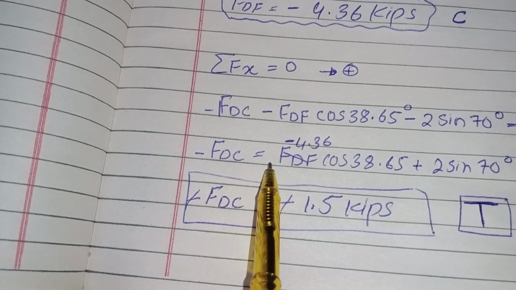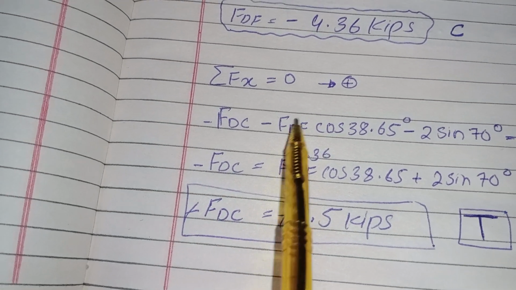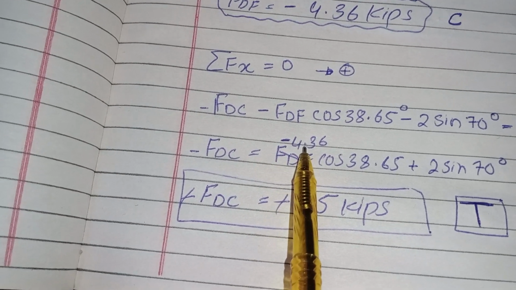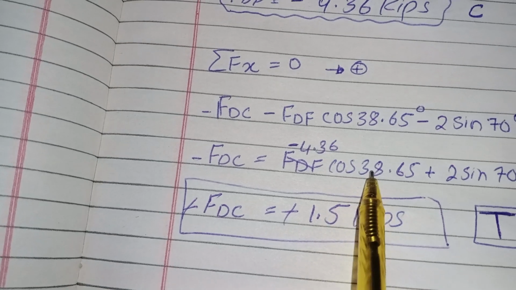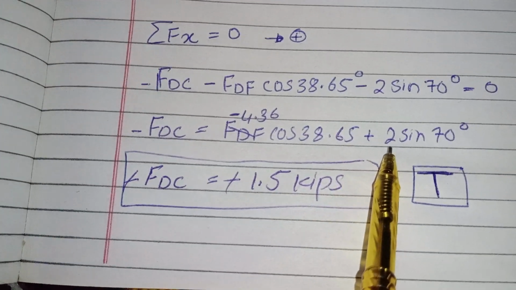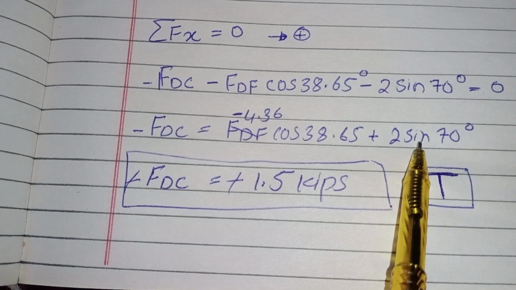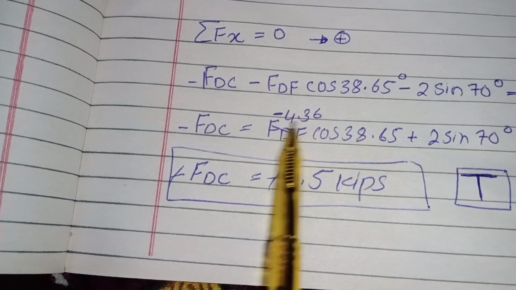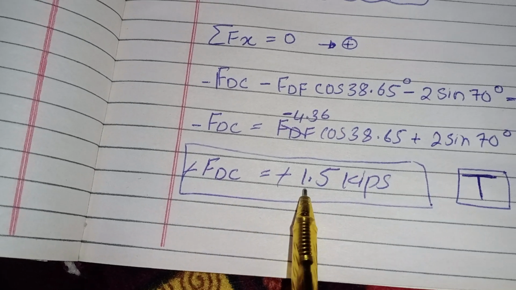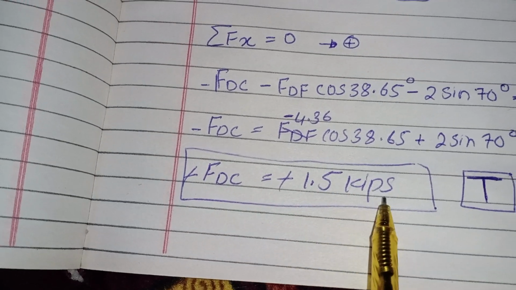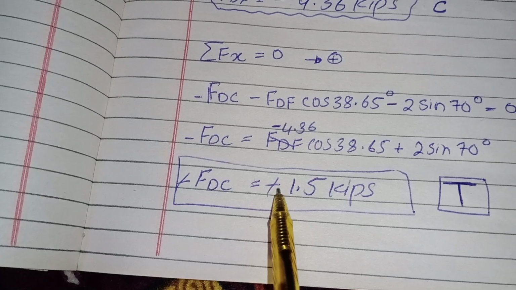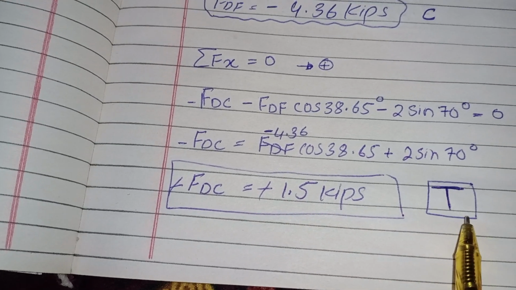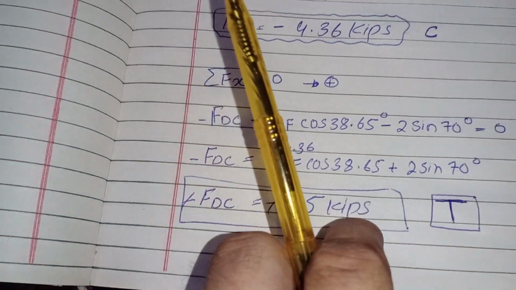So negative FDC will equal, at the place of FDF there is negative 4.36 cos 38.65. Okay. Plus 2 sine 70 degrees. So if you calculate it on a calculator, the answer will come 1.5, which comes with a positive sign. It means that my assumption was right. It is in tension.